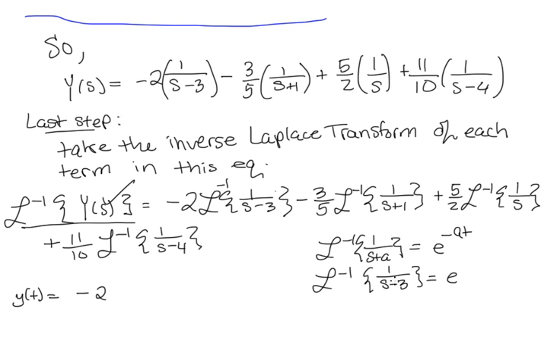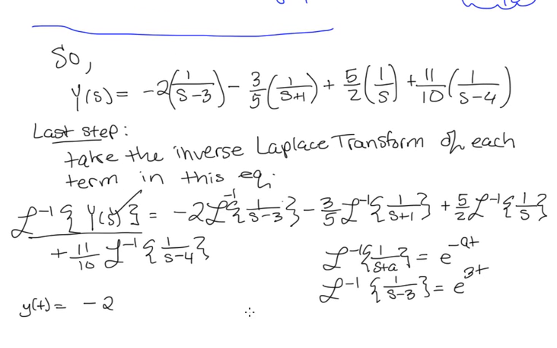Well, a in our case is negative 3. So we will get negative 3 times negative a is just 3t. Okay? So we'll do that right here, e to the 3t.